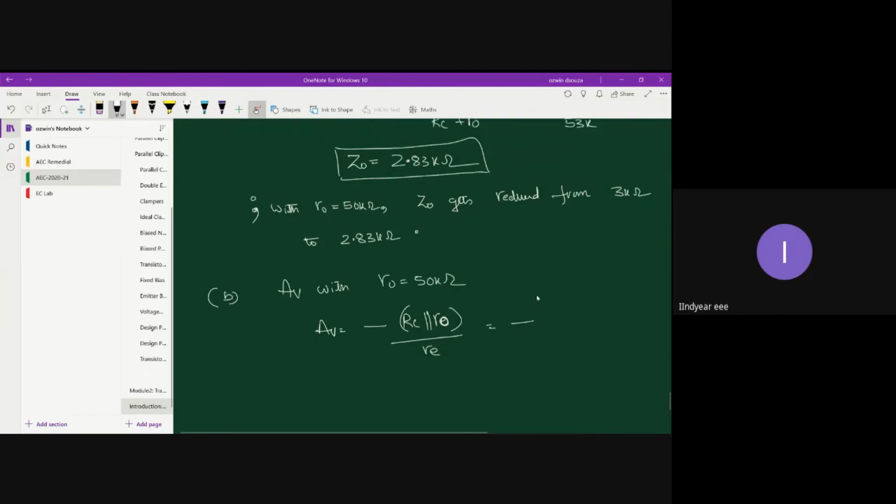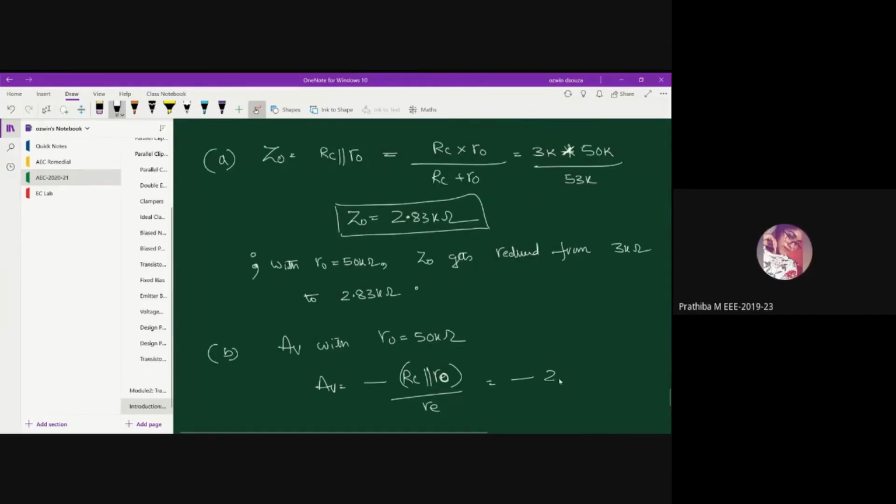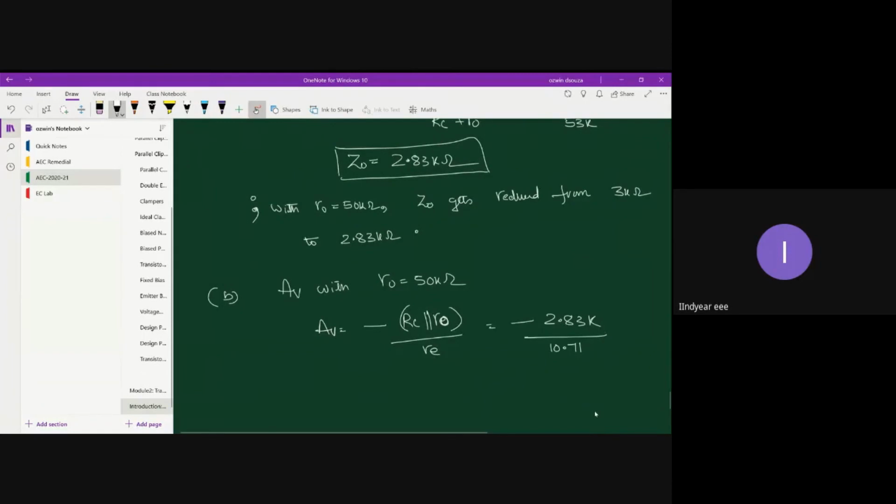Minus RC parallel with R0, kilo, divided by 10.71. You'll get minus 263.3.